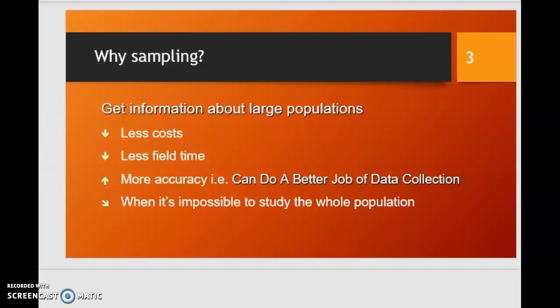And so we have to look at a segment of that population that we can use for our study. We also want to make sure that we have accurate information about that population, so we want to work with a manageable and controllable size that will provide us with the information that we need.